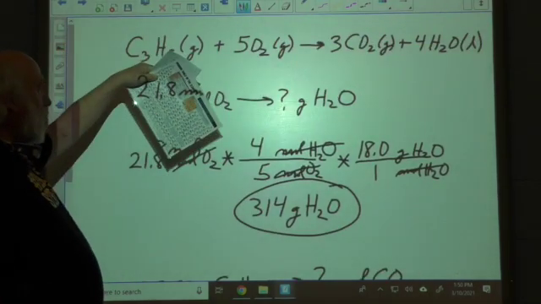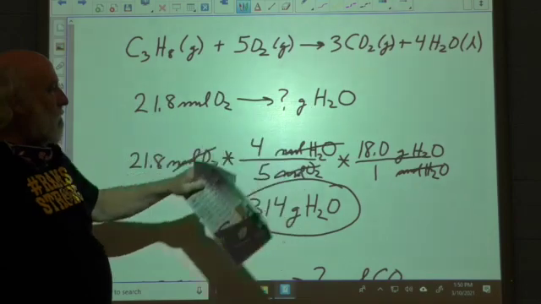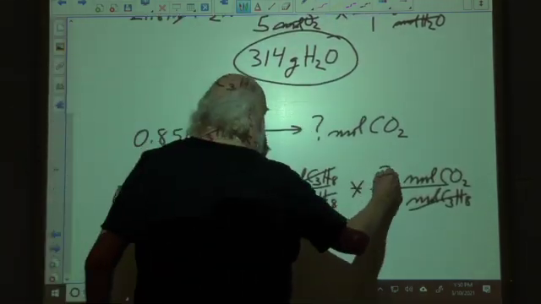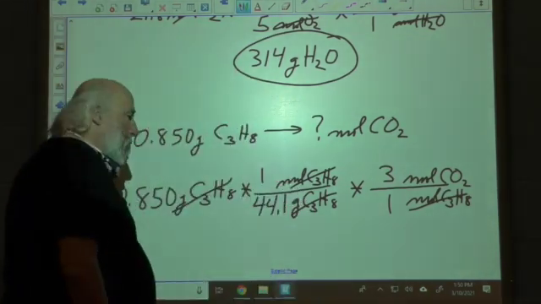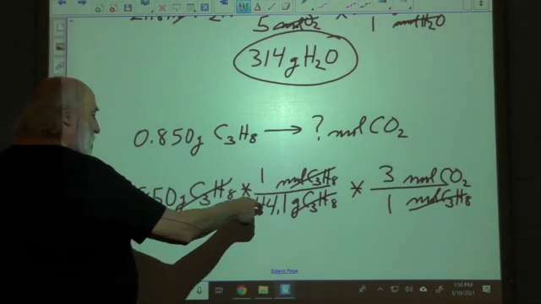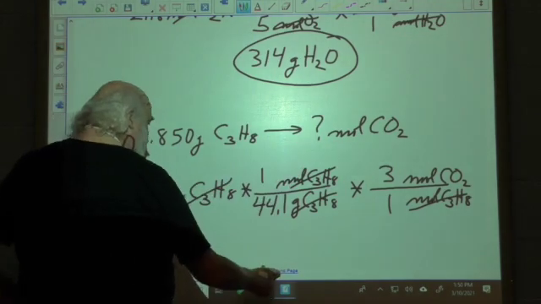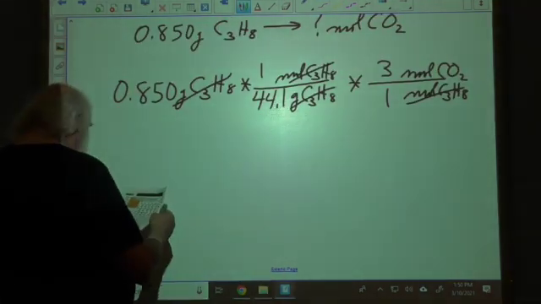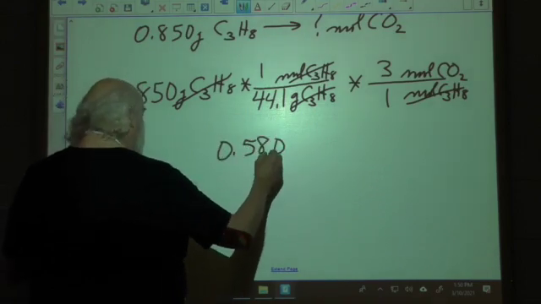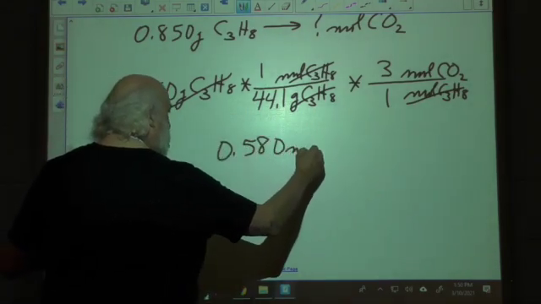We have 1 for the propane, and the carbon dioxide's got a 3 by it. So that means we put a 3 by the carbon dioxide and a 1 by the propane. So now we take 0.850, divide by 44.1 times 3, and I have here 0.580 moles of carbon dioxide.